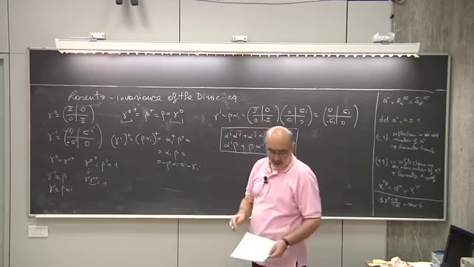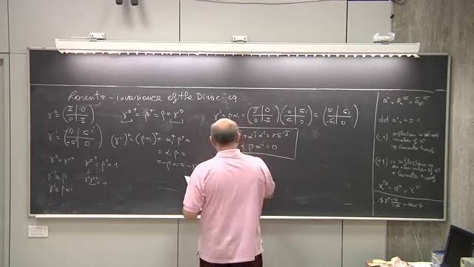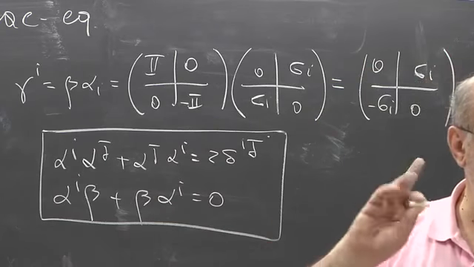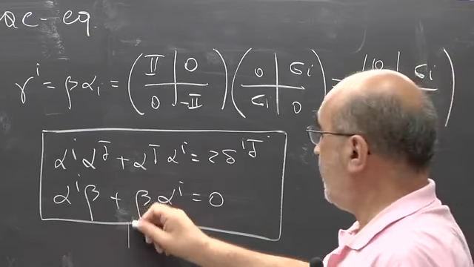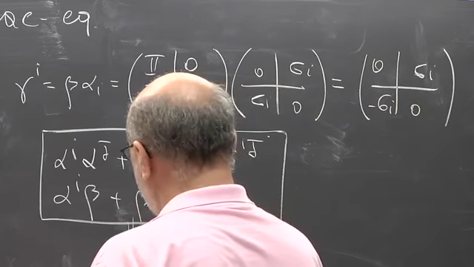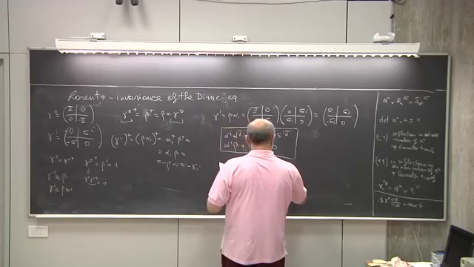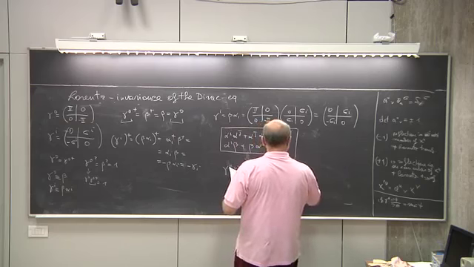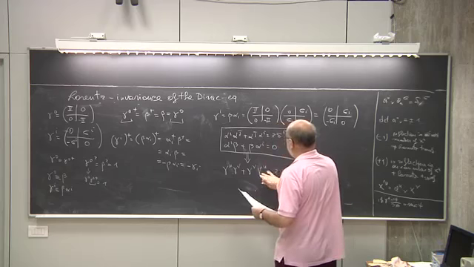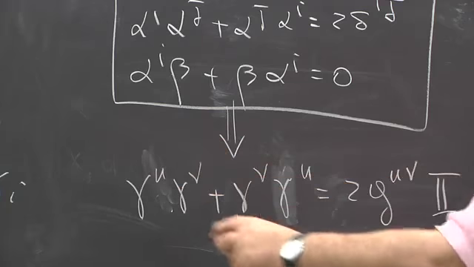Starting from this is homework. From this one, derive the following: gamma mu gamma nu plus gamma nu gamma mu is equal to 2 g mu nu times the four-dimensional identity. So this is the anti-commutation relation.